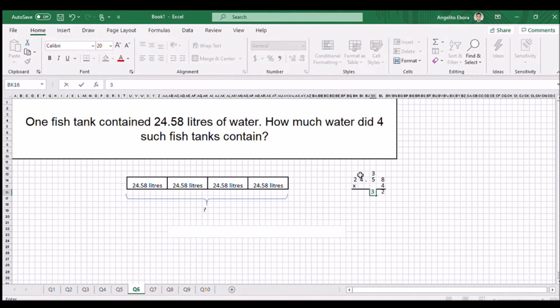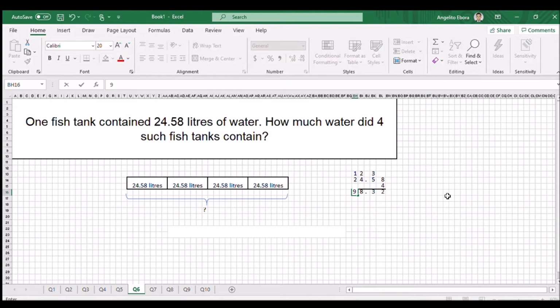Leave the 3 there and put the 2 on top of 4. Then the decimal point, don't forget. 4 times 4 is 16, plus 2 is 18. Regroup. 4 times 2 is 8, plus 1 is 9.